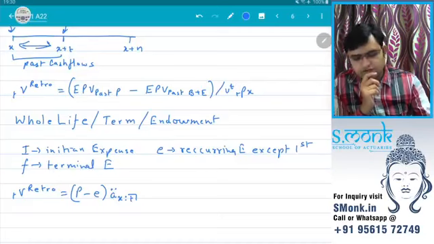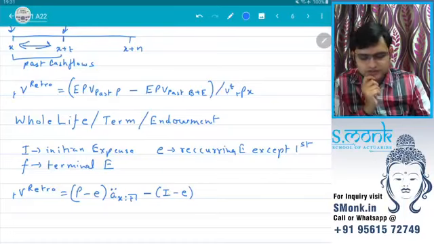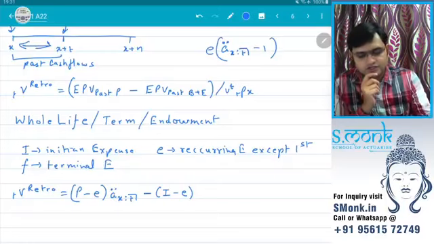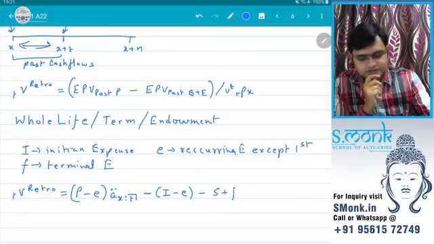Now in the first year we did not have a recurring expense, so I will have to subtract I minus E. You can figure that out, because our E will be E ä due X T minus 1, because we will be taking this, so minus 1 goes here. Then minus benefits, that S plus F A X dash T.